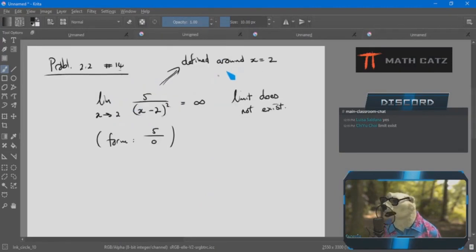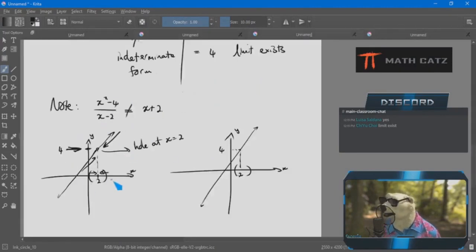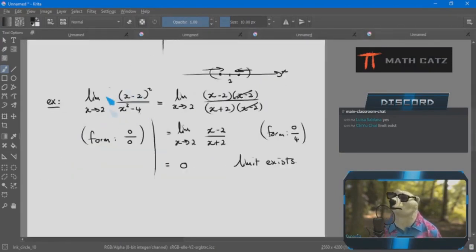I gave you the graph. Oh, not there. I gave you the graph there. In general, I don't know what this graph looks like. Behind the scenes, when I have a 0 over 0 form that I can sort of get rid of, it shows that at the y value of 0, there's just a little hole there. Nothing major happened. Nothing to be concerned with.